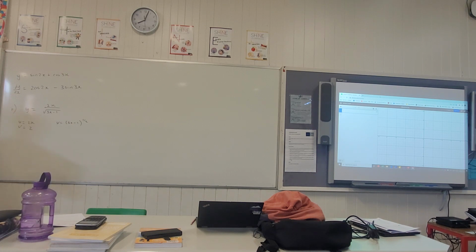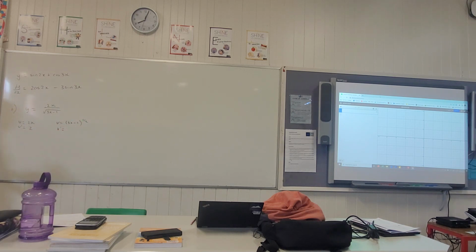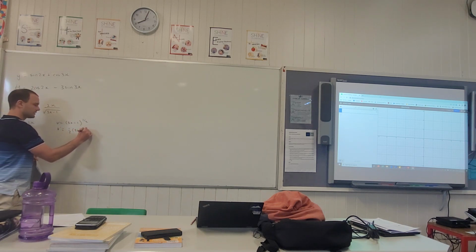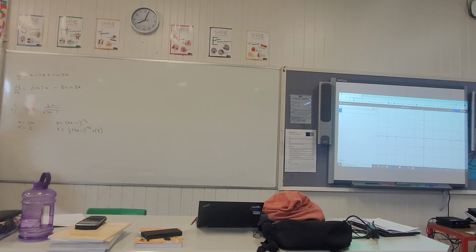So for v dash, we're going to use the chain rule. We have a function to the power of n. And so here we have a question that's got quotient rule with chain rule involved in it as well. So that's going to be n f of x to the n take 1 multiplied by f dash of x.